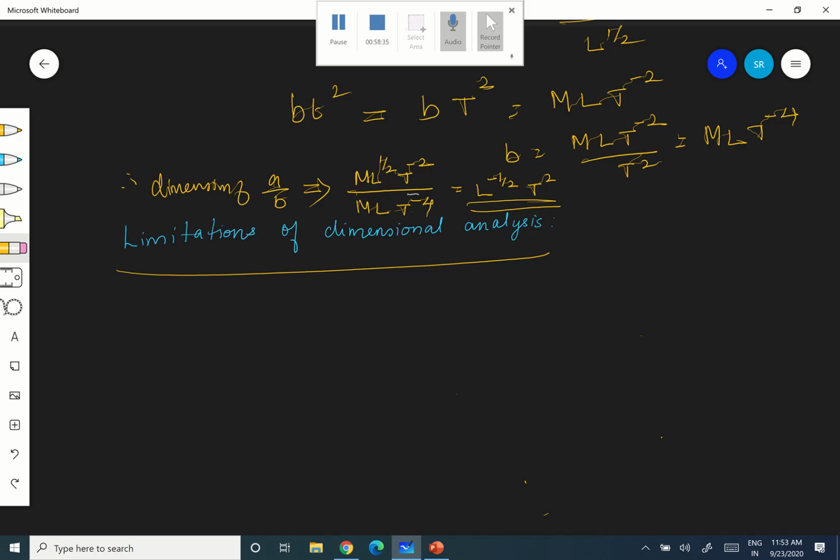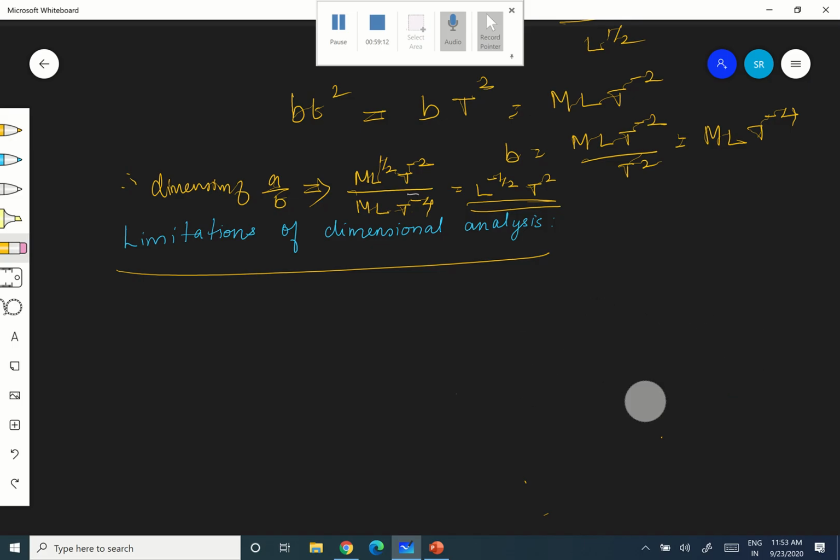Next, the formula won't always be straightforward. If the formula has trigonometric functions like cos theta, sin theta, tan theta, or exponential functions like e to the power minus x, or logarithmic functions, then dimensional analysis cannot be adapted.